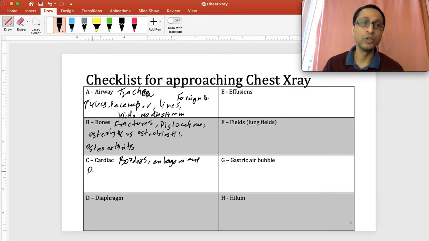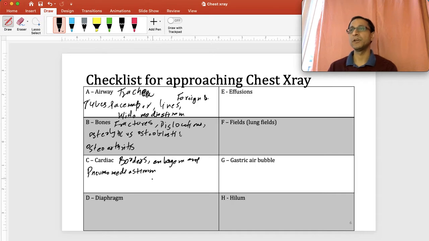That would be a pneumomediastinum, a thin rim of air around the heart.